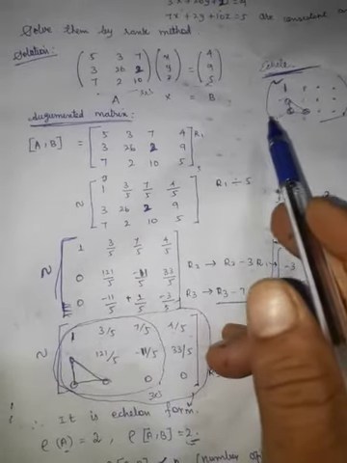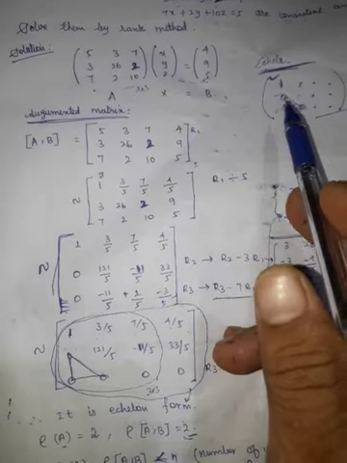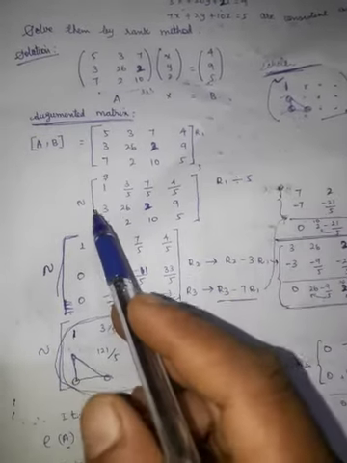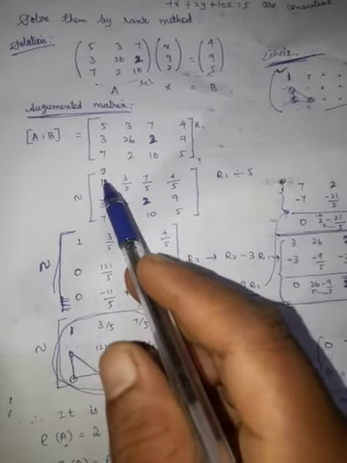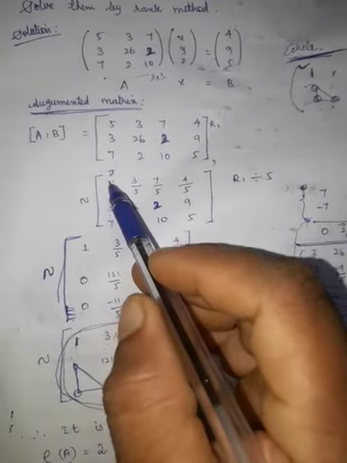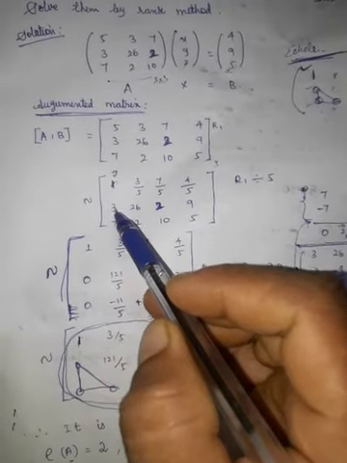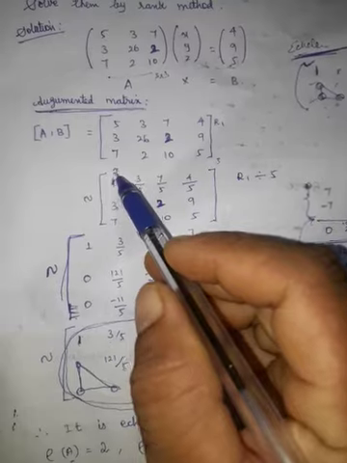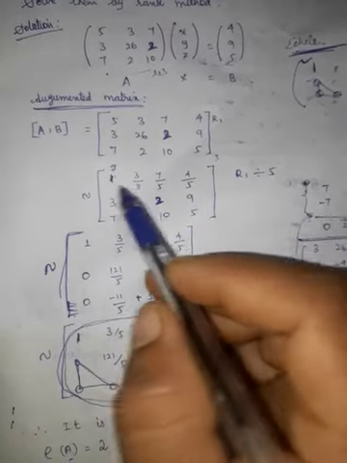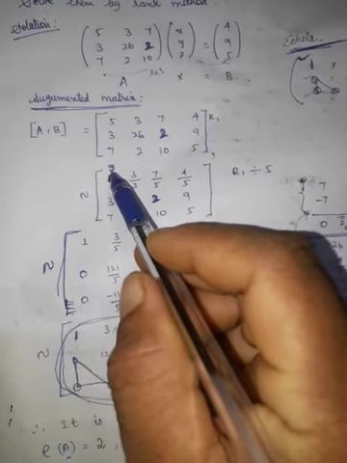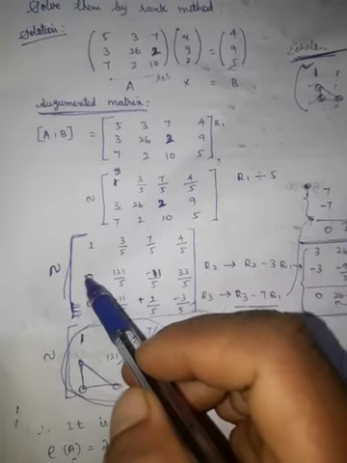Why do we change this place? Here is 3. If we multiply R1 by 3, this place becomes 3, so 3 minus 3 is 0.